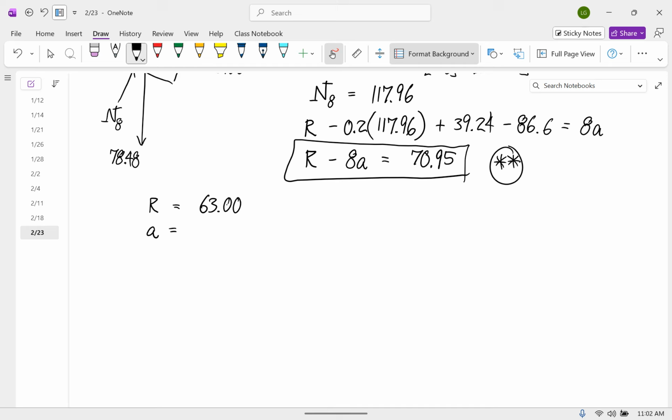And A is negative 0.99. So the acceleration is in the negative x direction. That means it's up the incline like this.